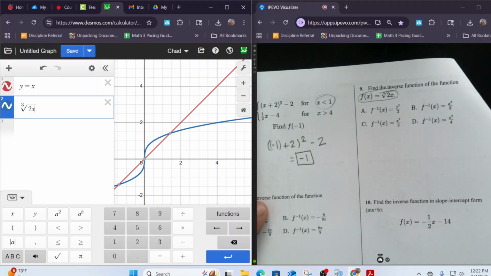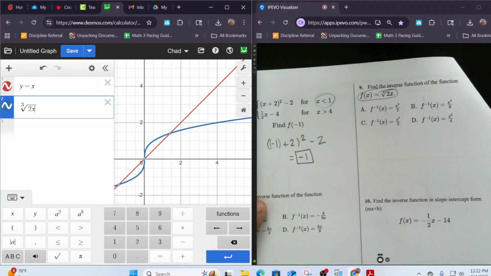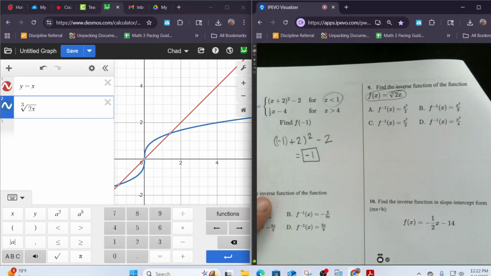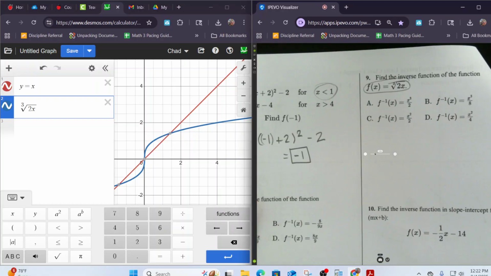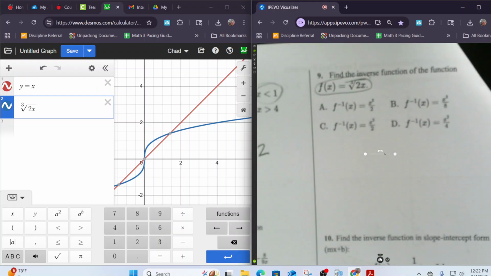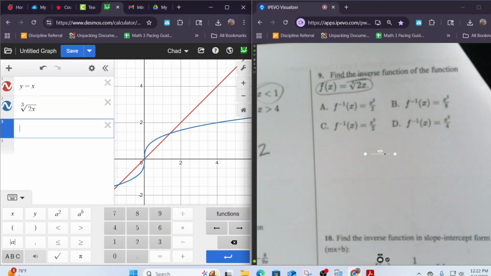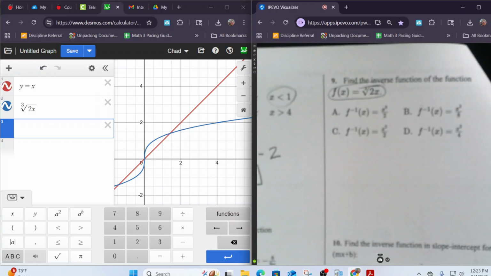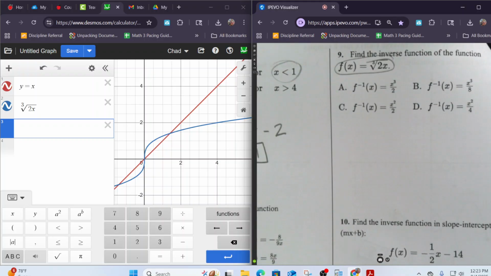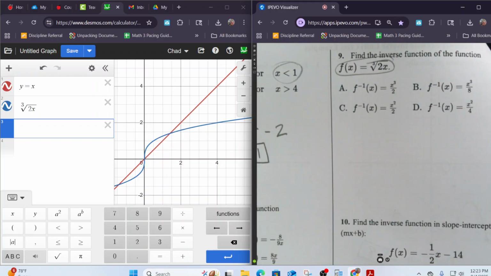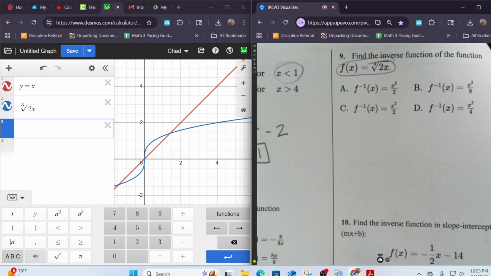Now guys, what we're trying to find is one of these that matches or reflects over the y equals x line, which is the red line. First of all, some of them you may be able to eliminate. Guys, if this is x cubed, you notice in option C, that's an x squared.